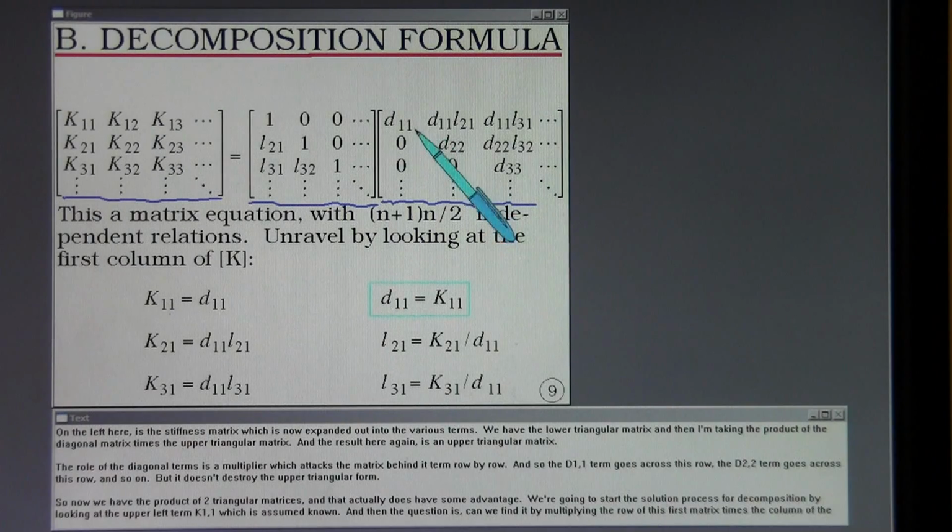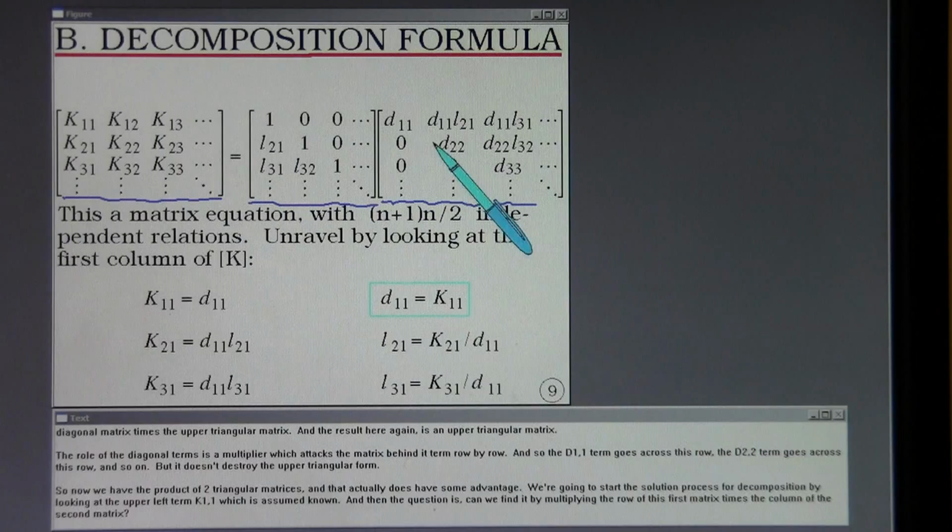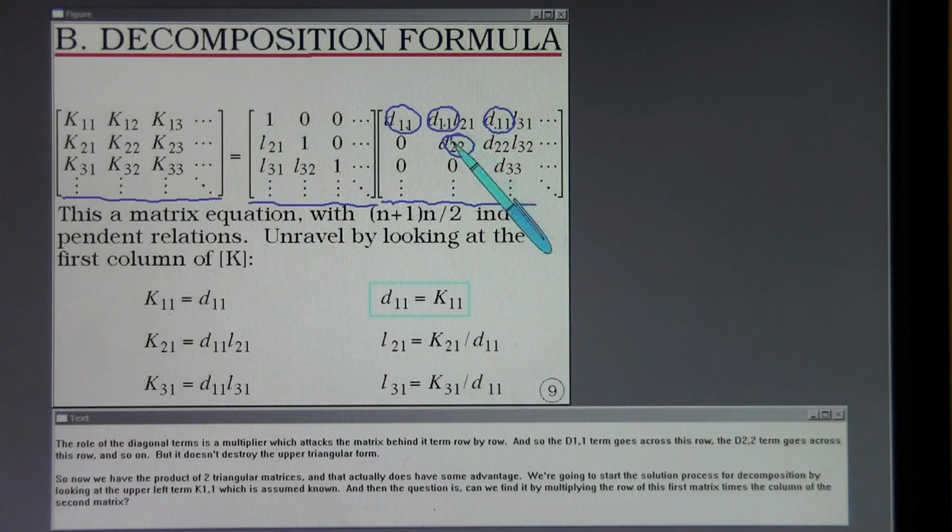And the result here, again, is an upper triangular matrix. The role of the diagonal terms is a multiplier which attacks the matrix behind it, row by row. And so the D11 term goes across this row, the D22 term goes across this row, and so on. But it doesn't destroy the upper triangular form.